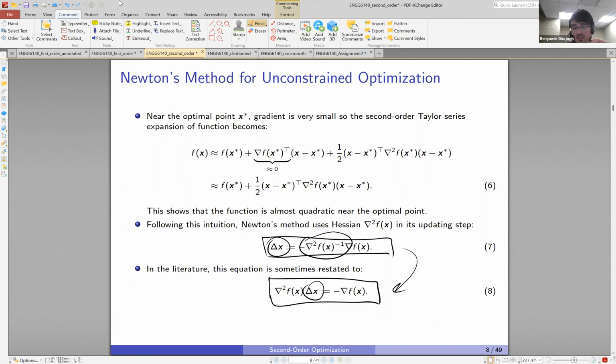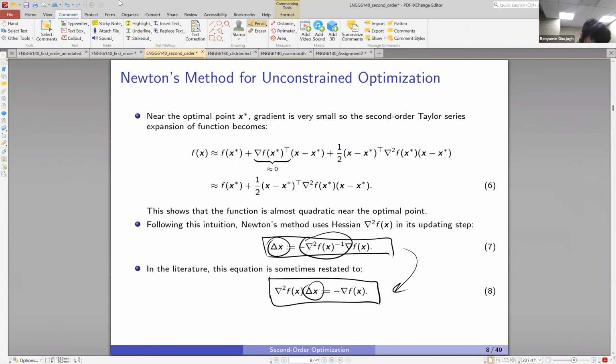Also, it's resource consuming to calculate the Hessian. So this is the disadvantage. Maybe, this is my conjecture, that's the reason that second order optimization is not used much in machine learning algorithms and maybe in industry, because it's hard for them to calculate the Hessian.